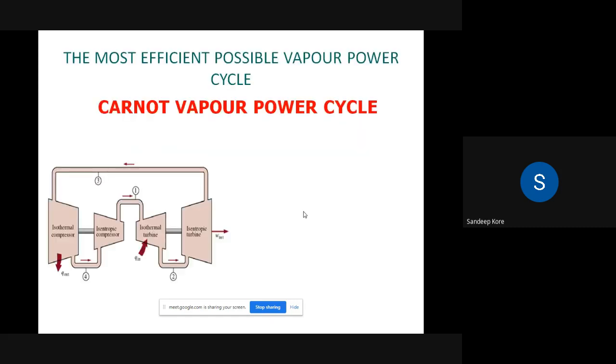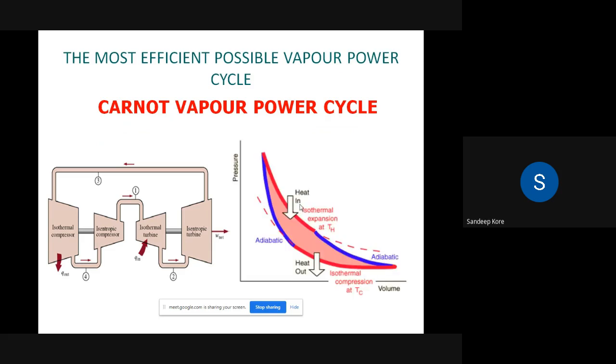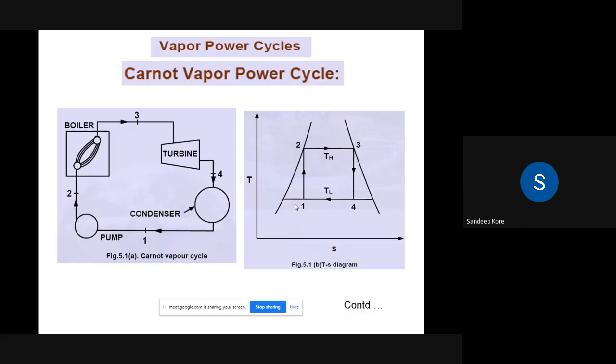The basic cycle for the vapor power cycle is the Carnot cycle. We are not going deep into this Carnot cycle. You should just know that the efficiency of the Carnot cycle for vapor power cycle is 1 minus T1 upon T2, or 1 minus minimum temperature upon maximum temperature.